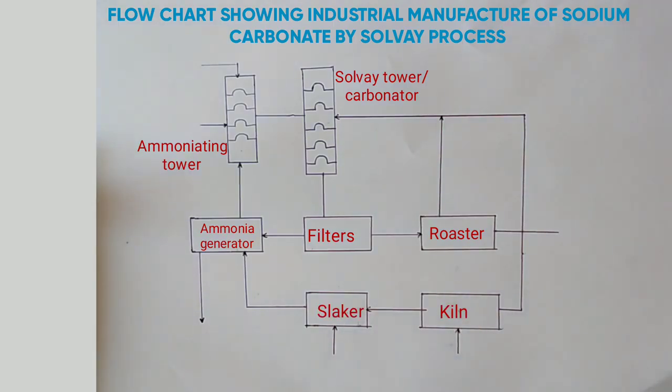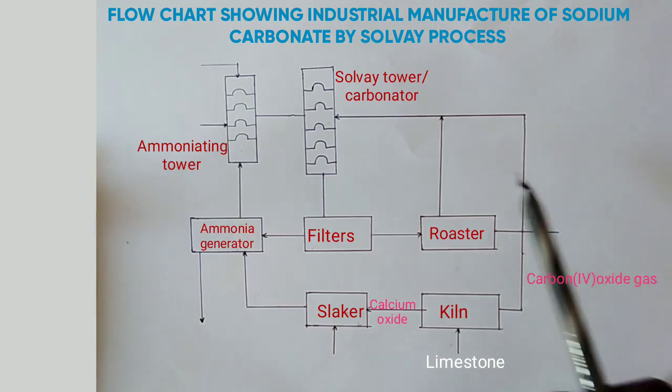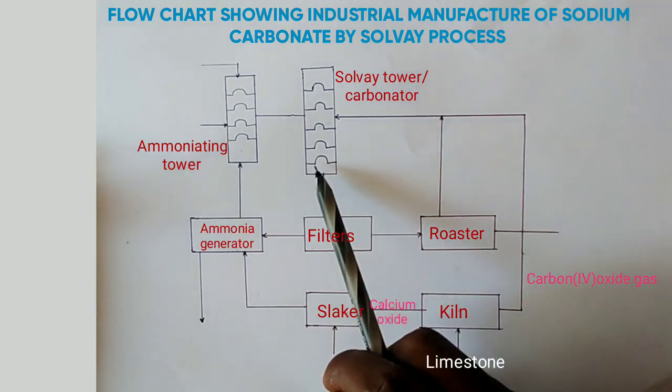So the raw materials you mentioned earlier on: limestone enters the kiln here, where it is decomposed to form calcium oxide, which is pumped to the slacker, and carbon dioxide, which is pumped to the carbonator of the Solvay tower.